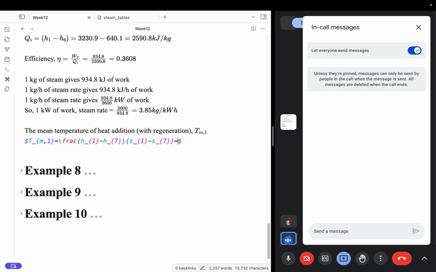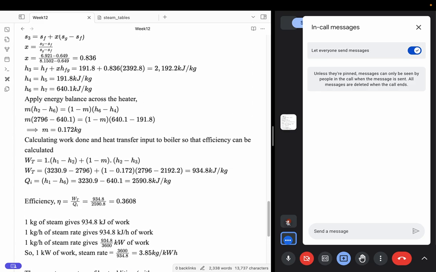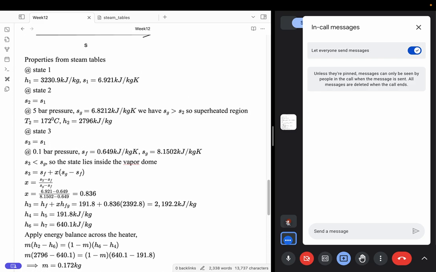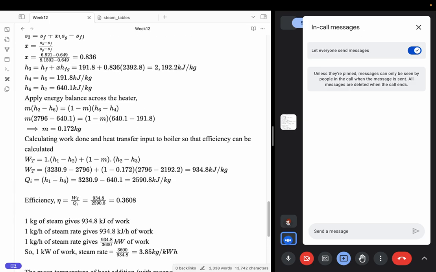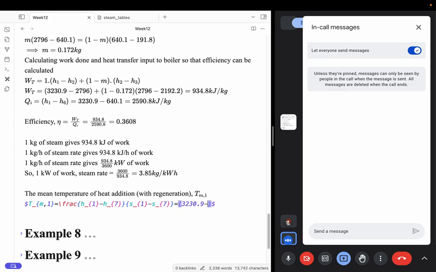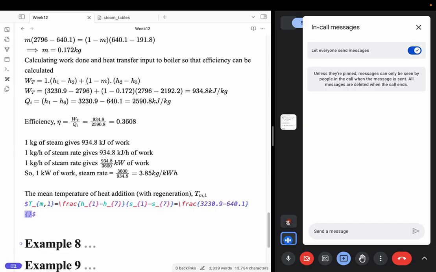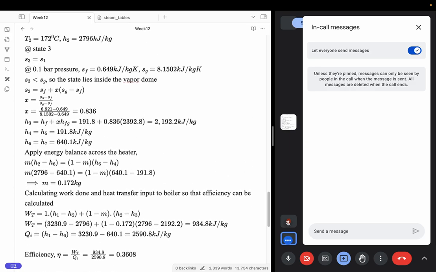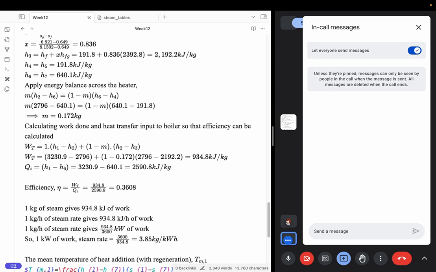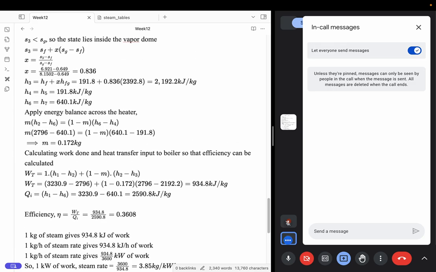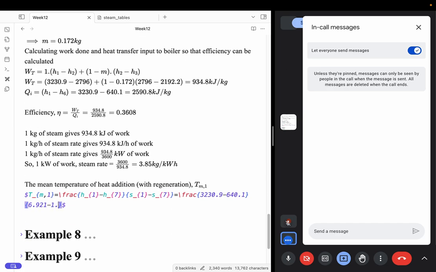So that should give you H1 is 3230.9 minus H7 640.1, divided by S1 6.921 minus S7 is 1.8604.